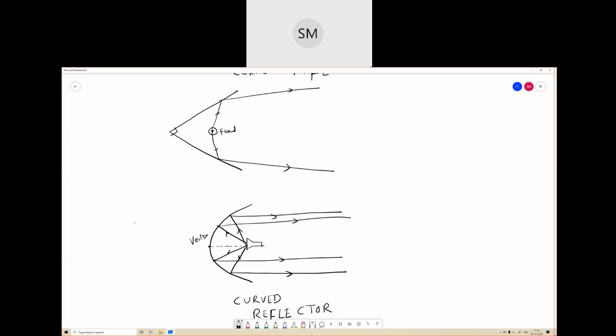Can you give me an example of a curved reflector antenna? Where can you find curved reflector antennas in practice? It is available in most people's homes. Yes, exactly. Dish antennas, DTH. Dish antenna is one big example.